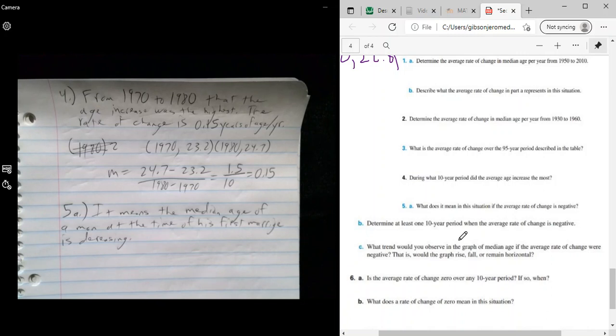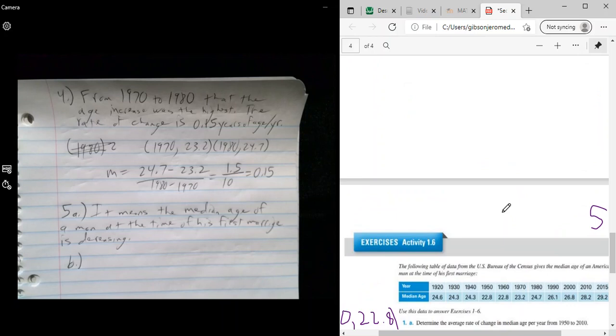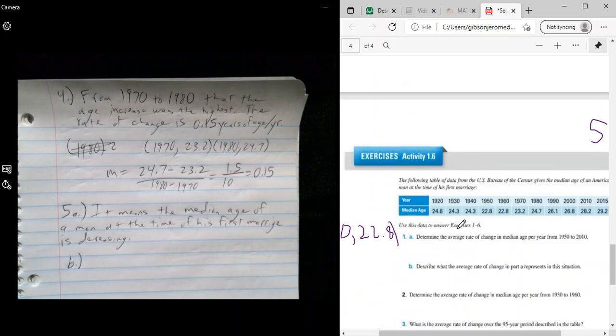All right, so we go to 5B. It says determine at least one 10-year period when the average rate of change is negative. So if we go back here, it just says determine one of them. So that just means that it's decreasing. So basically we could go 1920 to 1930.